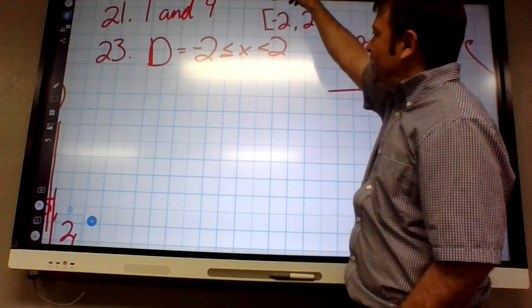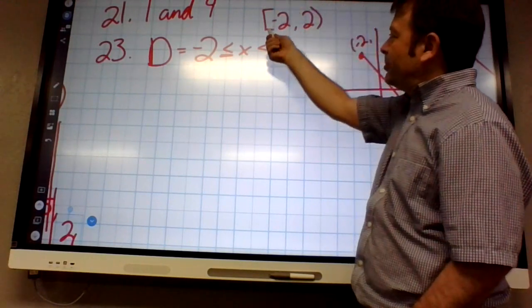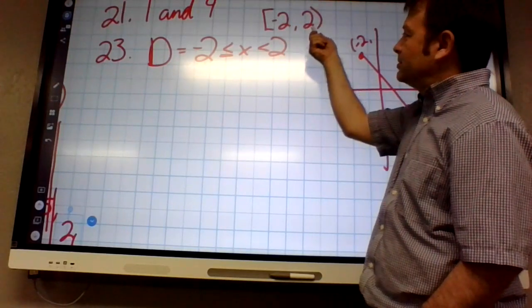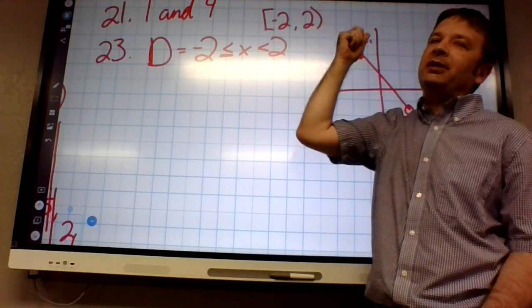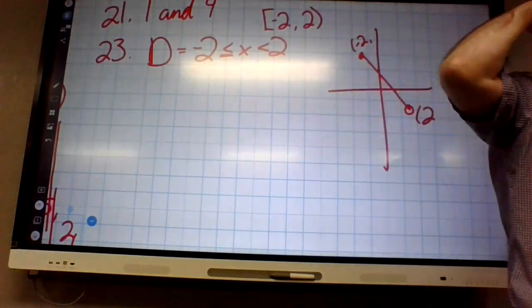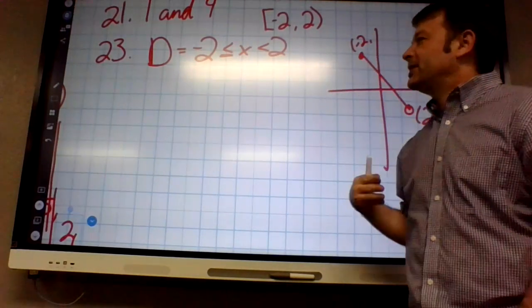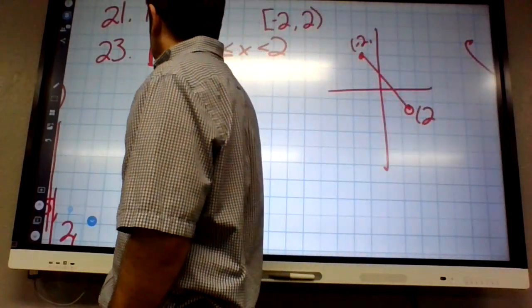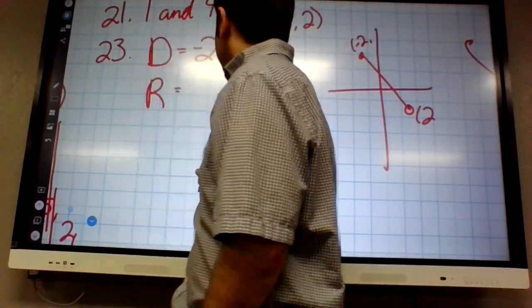This just means it's from -2 to 2. The bracket means -2 is included, and the parentheses means 2 is not included. I don't really want you to write that, but if you see it later in college algebra, don't freak out. That's all it means.